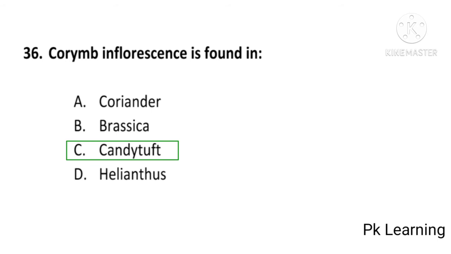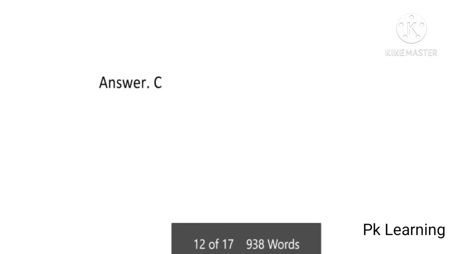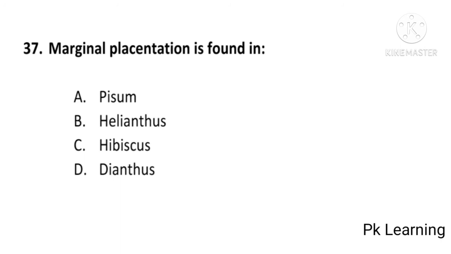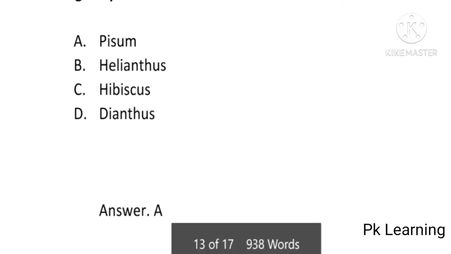Corymb inflorescence is found in candytuft. C is correct option. And next question is, marginal placentation is found in Pisum, helianthus, hibiscus, or dianthus. And answer is A, Pisum. Marginal placentation is found in Pisum. A is correct option.